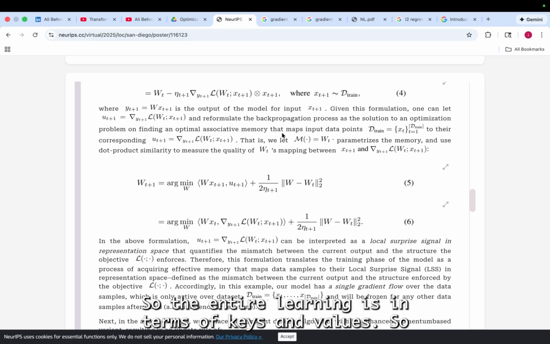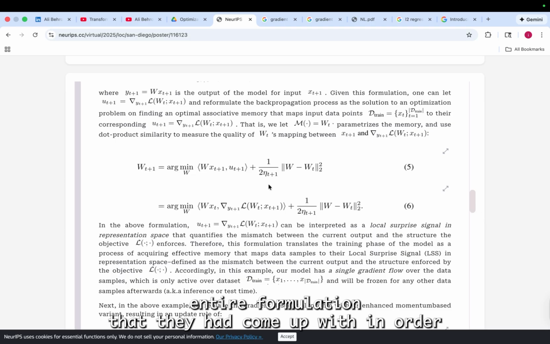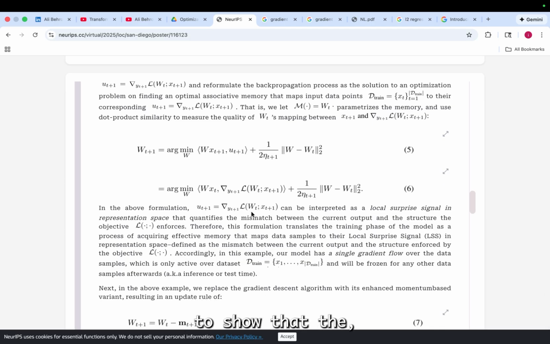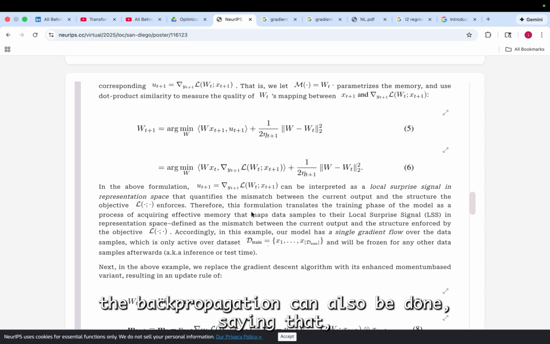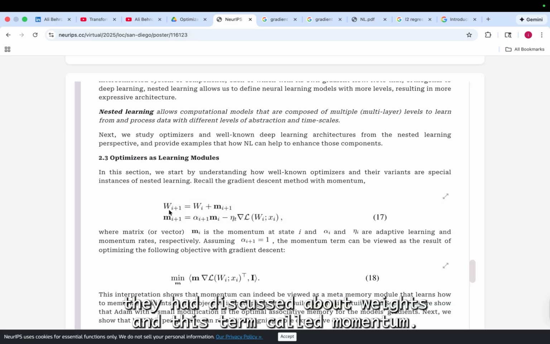So the entire learning is in terms of keys and values. So this is the entire formulation that they had come up with in order to show that the backpropagation can also be done, saying that they had discussed weights and this term called momentum.